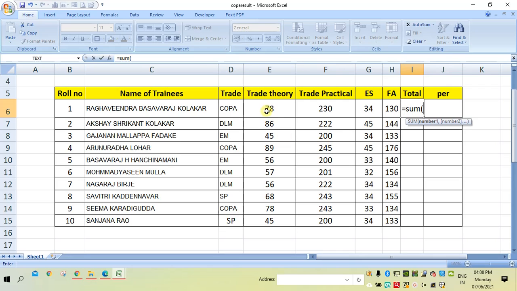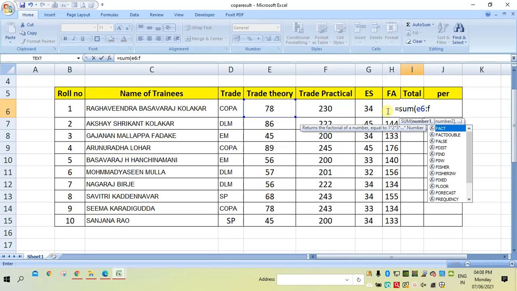So here the first row marks start at E6, then colon, H6.